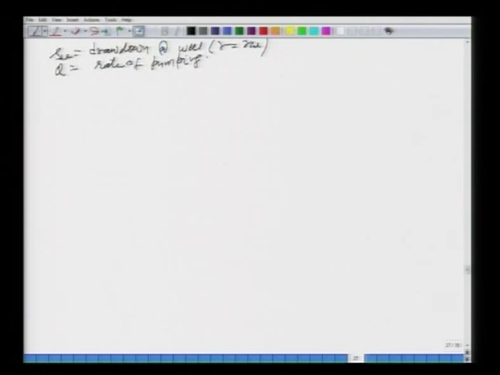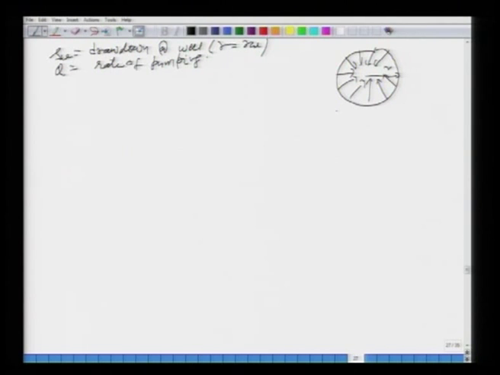So, if you see that from the top, what you will have is, if you take any distance r, all right, what you will notice is that the flow is taking place like this towards the well. So, this is what is, this is 2r, of course, at any distance r from the pumping well.